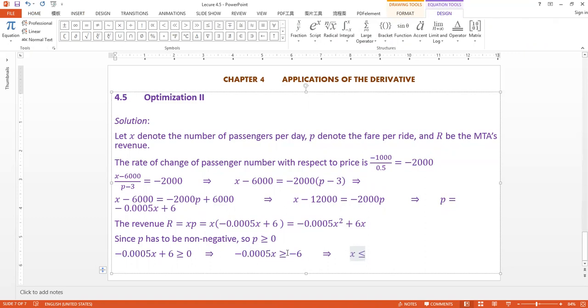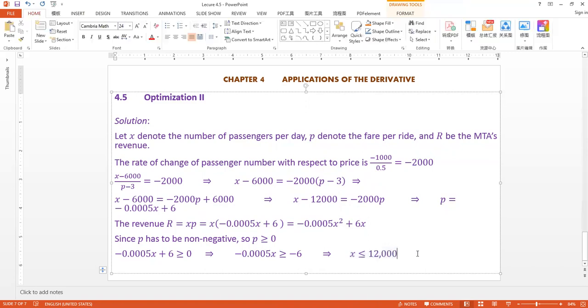So the greater than or equal to becomes less than or equal to. And on the right side, we get negative 6 divided by negative 0.005, so that's 12,000. So we get x on the left and 12,000 on the right.